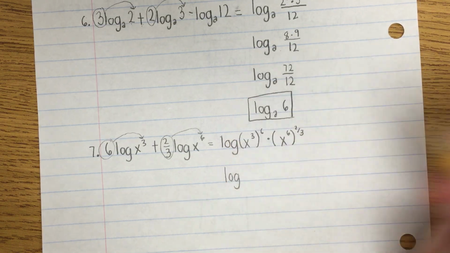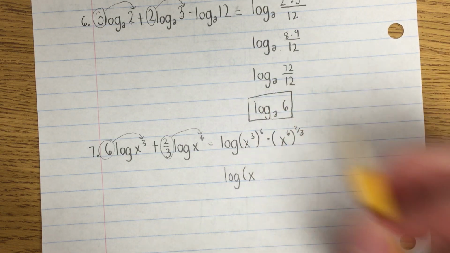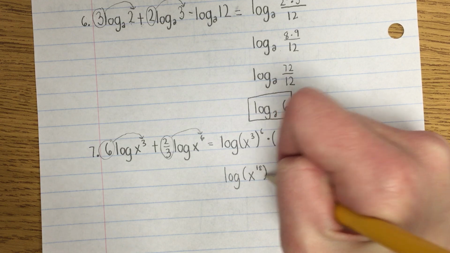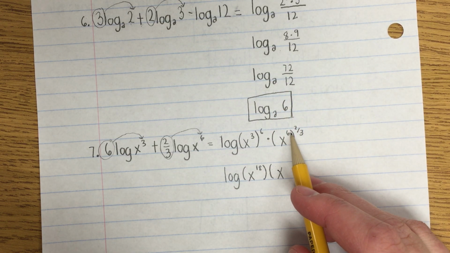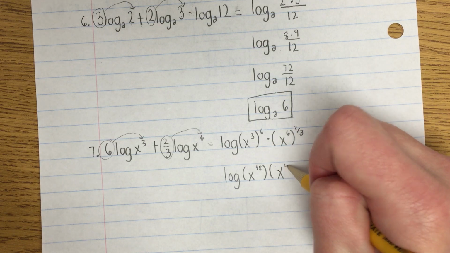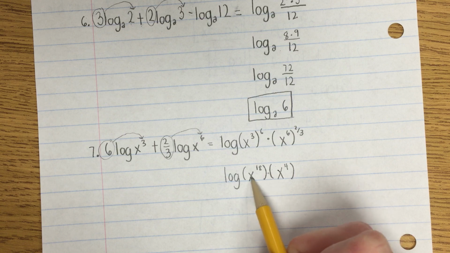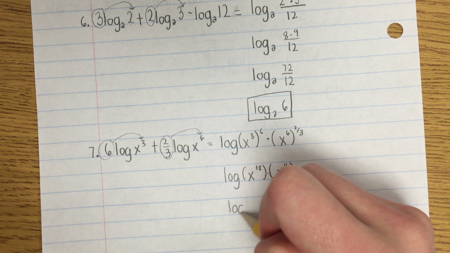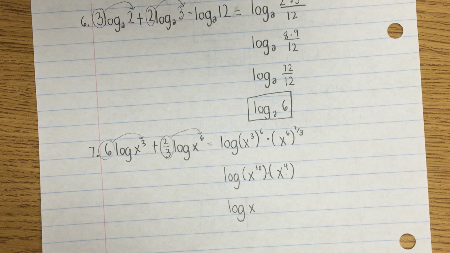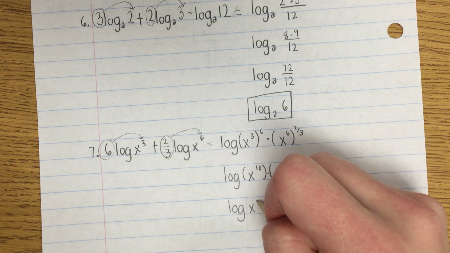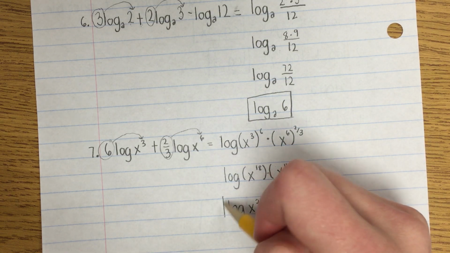So I've got log of x to the 3 times 6 is 18 times x to the 6 times 2/3 would become 4. So now when I multiply these two, when they have like bases, I should add. So I would have log base 10 of x to the 22nd power. And I can't go any further with that one.